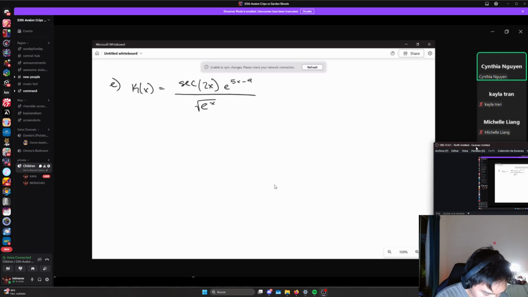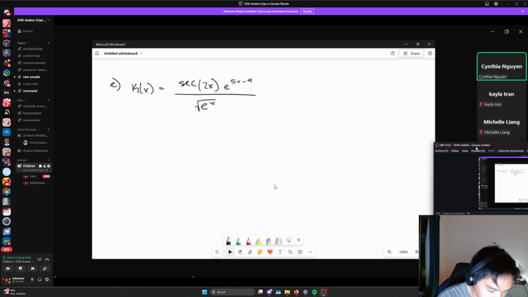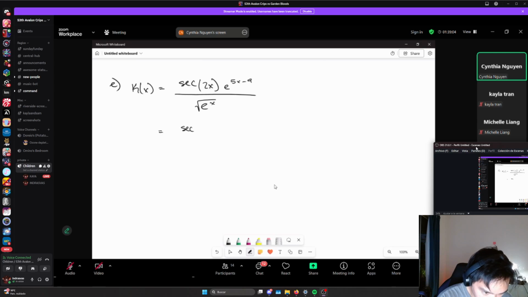Give it a little bit so that it doesn't freak out and crash once again. But essentially, you're probably going to use quotient rule for this. I have it done both ways. Quotient rule might be the move here if you're not comfortable with simplifying stuff.